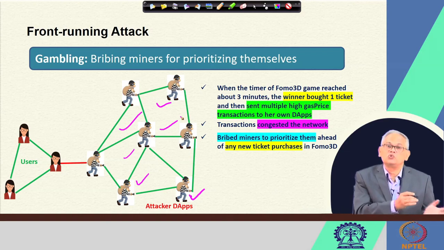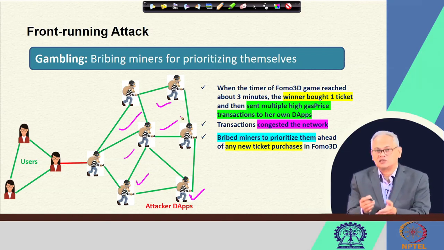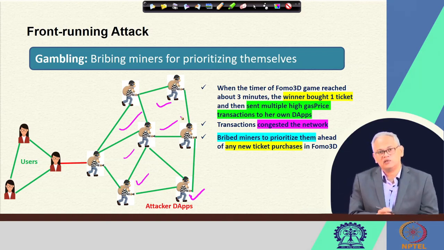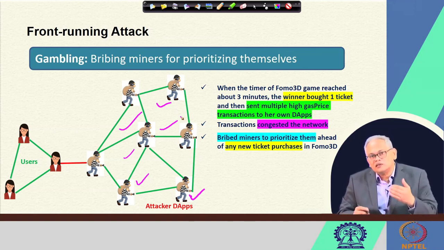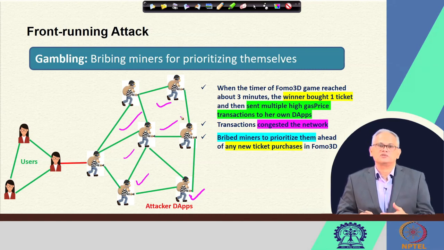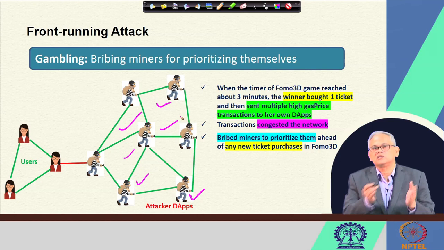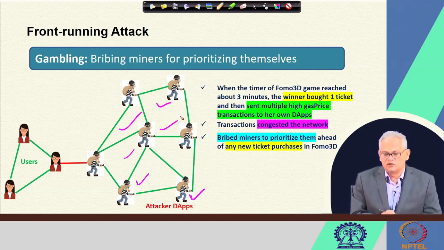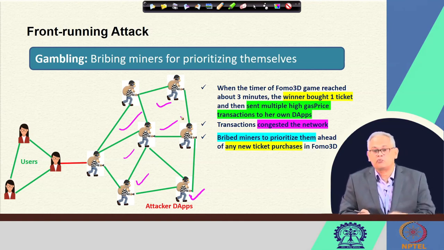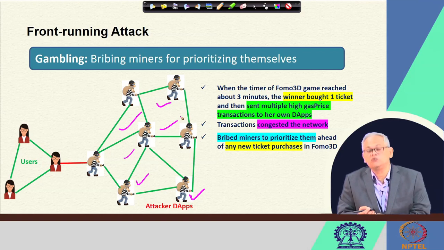and other users who were also willing to purchase the ticket in the last moment and then possibly would have extended this game could not actually get their ticket purchase transactions included in the block, and then the timeout occurred, and as the timeout occurred, this attacker was the last person to buy the ticket, and hence this particular attacker won. So, of course, it might be, as mentioned, bribing the miners to prioritize them ahead of any new ticket purchases.